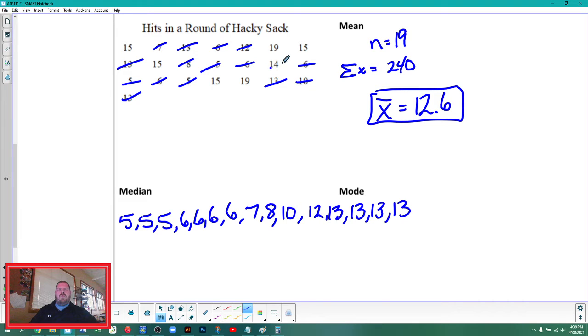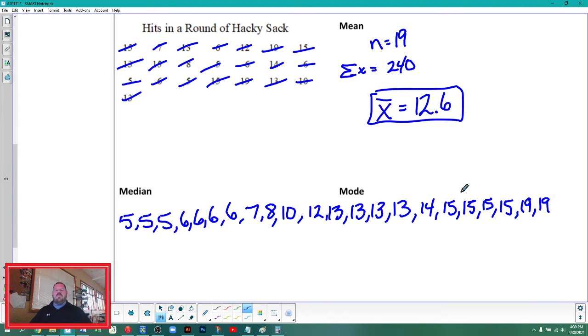It looks like I have 1 14. 15s, I have 1, 2, 3, 4 of those. And then 2 19s.